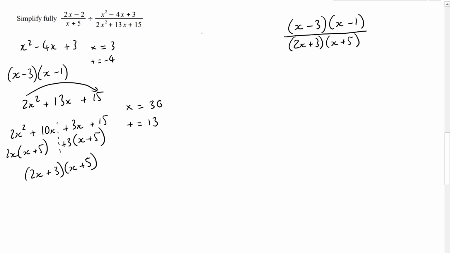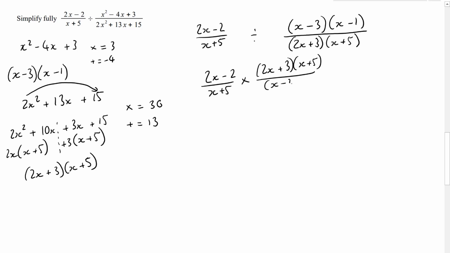Okay, now we can look at what we had originally, which was 2x minus 2 over x minus 5 divided by this. Now if we want to divide by this, we have to flip this and then multiply. So 2x minus 2, I'll keep this out of brackets for now, over x plus 5 multiplied by 2x plus 3, x plus 5 over x minus 3, x minus 1.